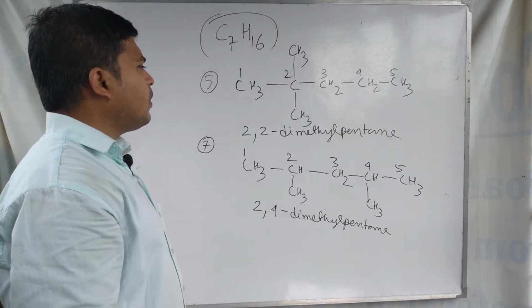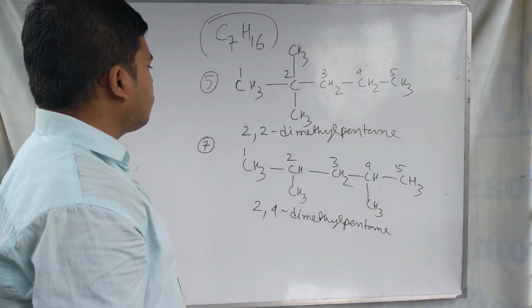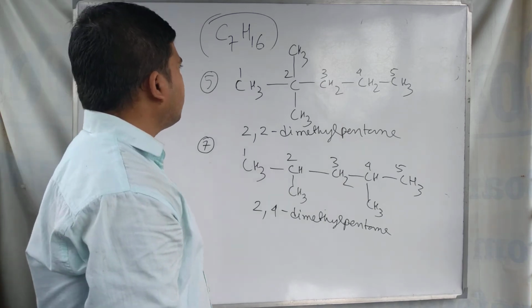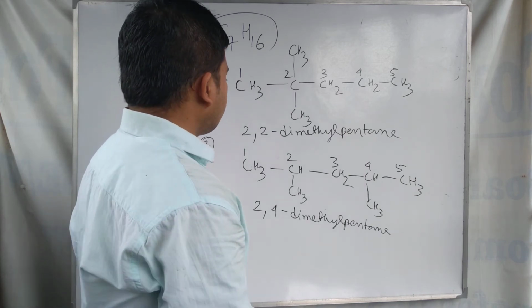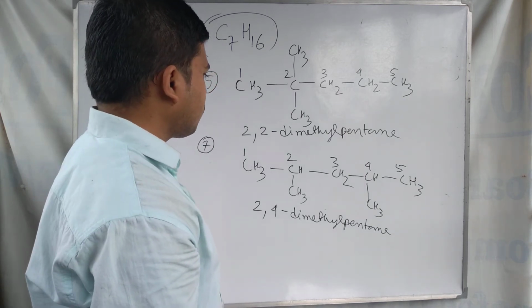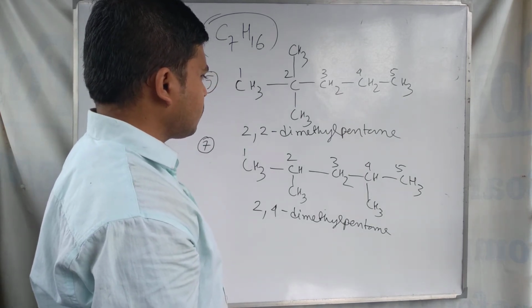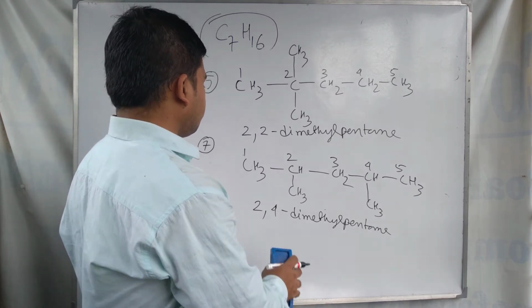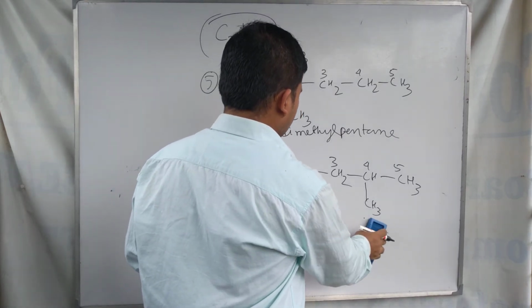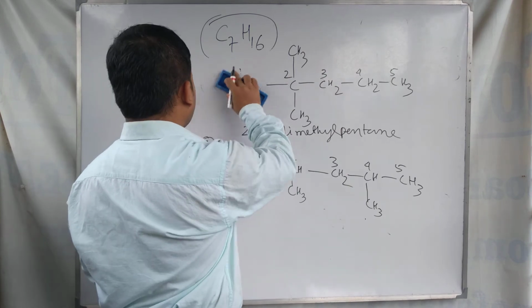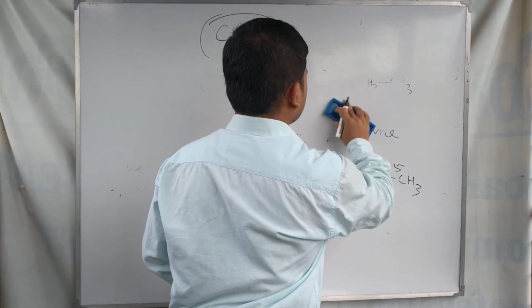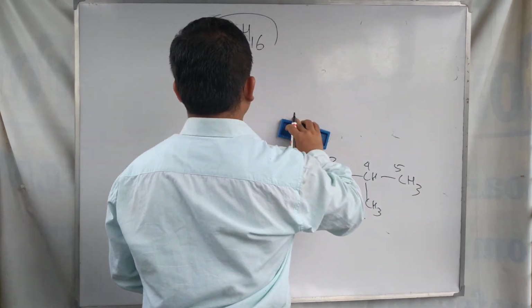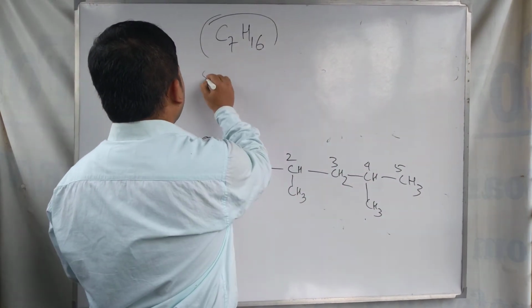Okay, after this we have to draw the next isomer using this C7H16. Eight number isomer.